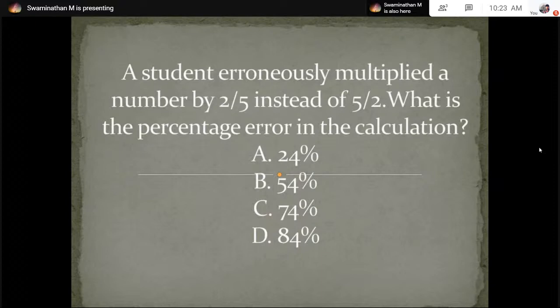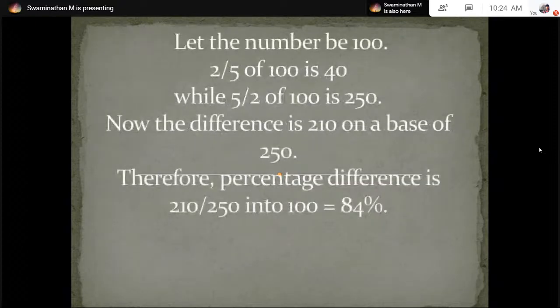Few might take a value and multiply it with 2 by 5 and then multiply with 5 by 2 and compare the answers. If you are very good at math, you can go for the direct answer, that is subtracting and finding the error percentage. I am taking a different way. I'm taking the number 100. So 2 by 5 of 100 is 40 and 5 by 2 of 100 is 250.